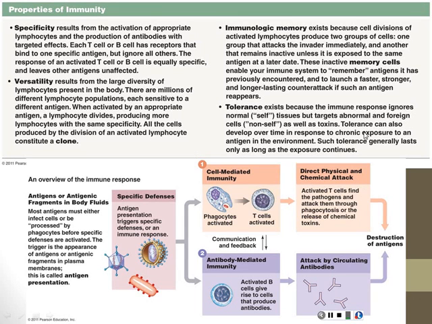In the thymus gland, the T cells sort of learn the difference between cells that are part of the body and healthy and normal, and non-self cells, things that don't belong. So we have these four characteristics: specificity, versatility, memory, and then tolerance. And we'll see how those sort of play in as we look at the immune response in some detail today.